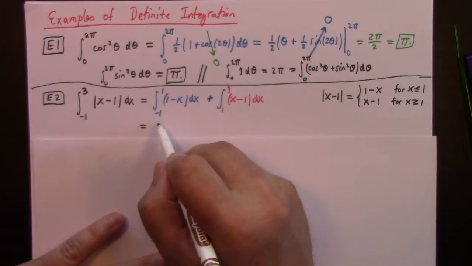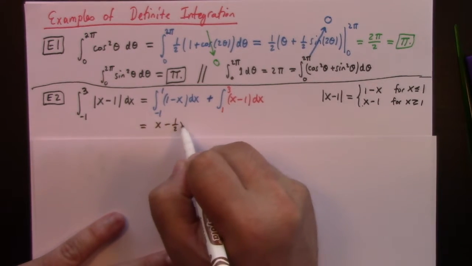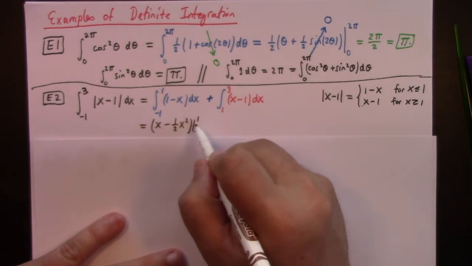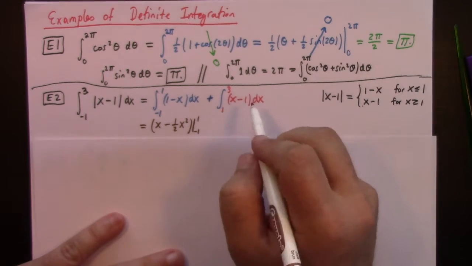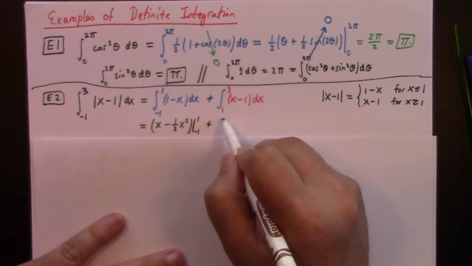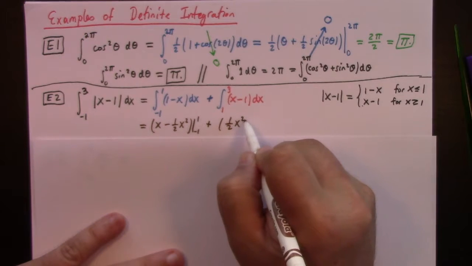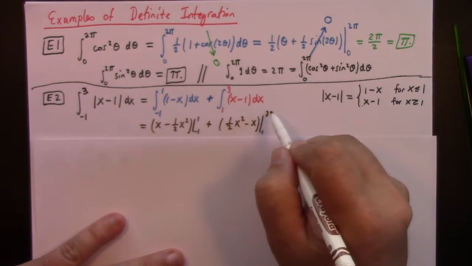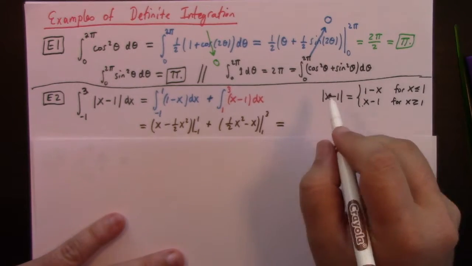Okay, so that is x minus 1/2 x squared, evaluated from minus 1 to 1, right? And then plus 1/2 x squared minus x, evaluated from 1 to 3. All right.